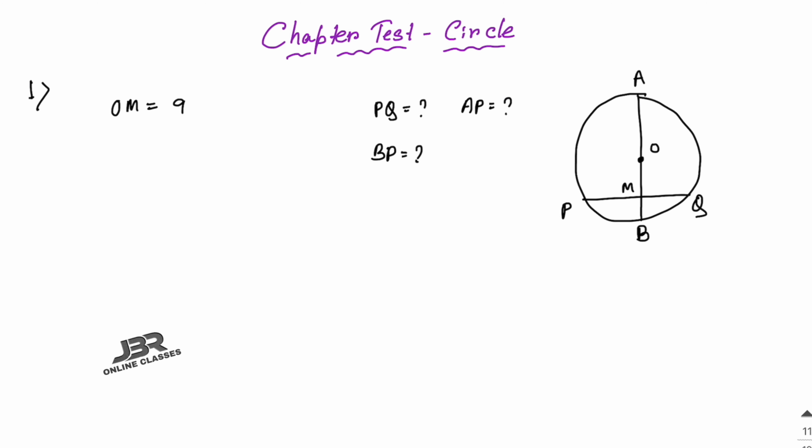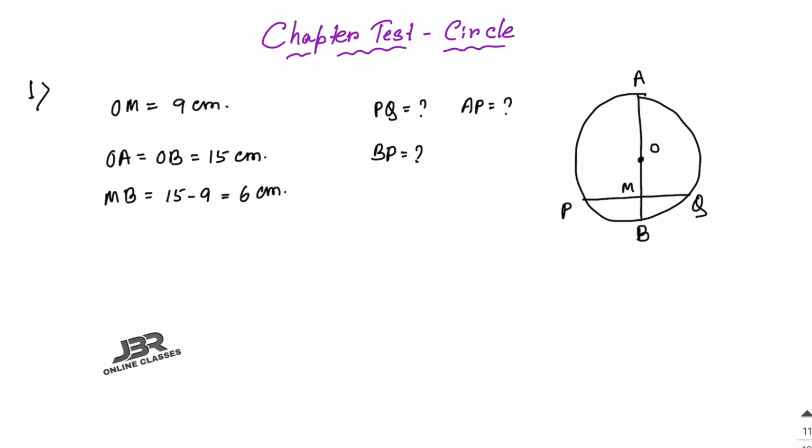As the radius is equal to 15, then definitely OA or OB is equal to 15 centimeter, and OM is equal to 9 centimeter. Then definitely MB or BM is equal to 15 minus 9, that is 6 centimeter. Clear?